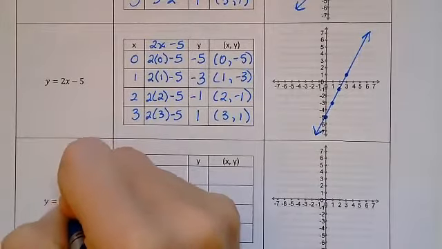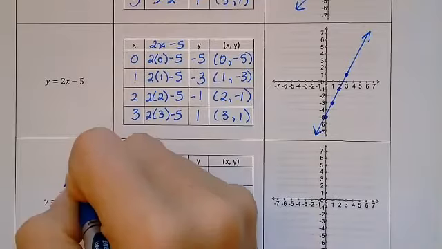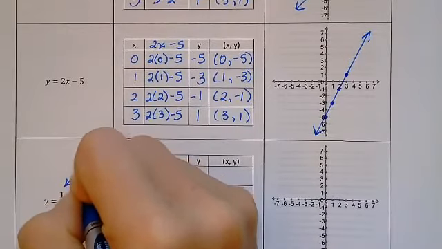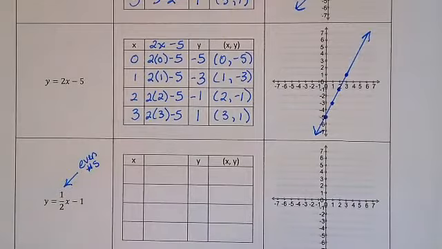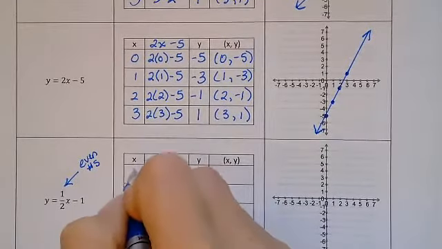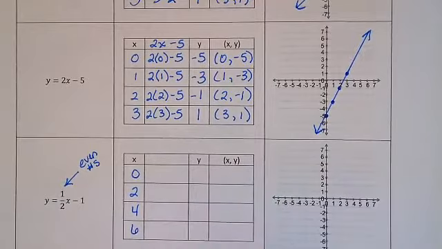So make a little note. If you need to multiply by 1/2, then you're going to choose even numbers. Just makes it easier. So we can do 0, and then we'll do 2, 4, and 6, because it's easy to find half of those numbers.